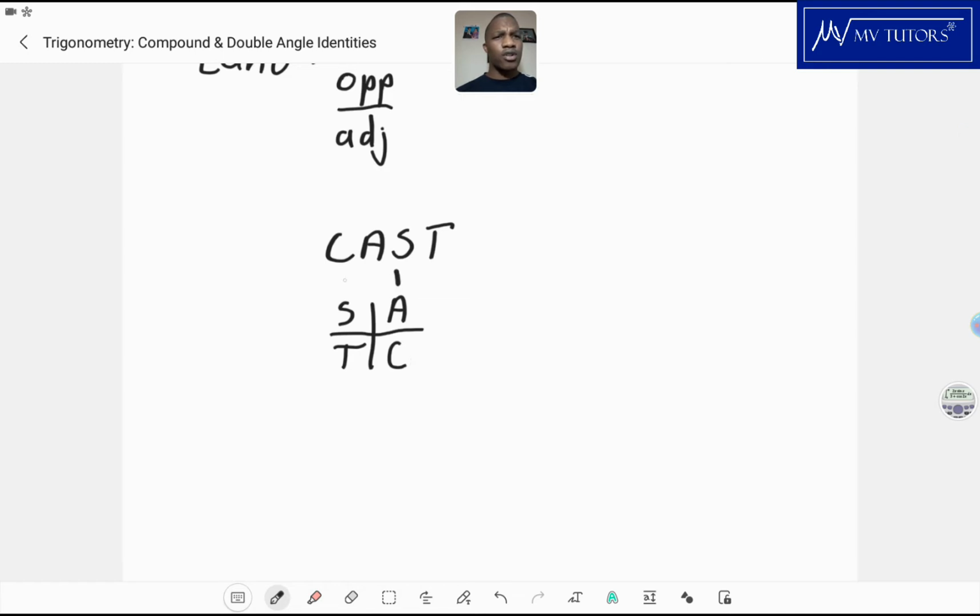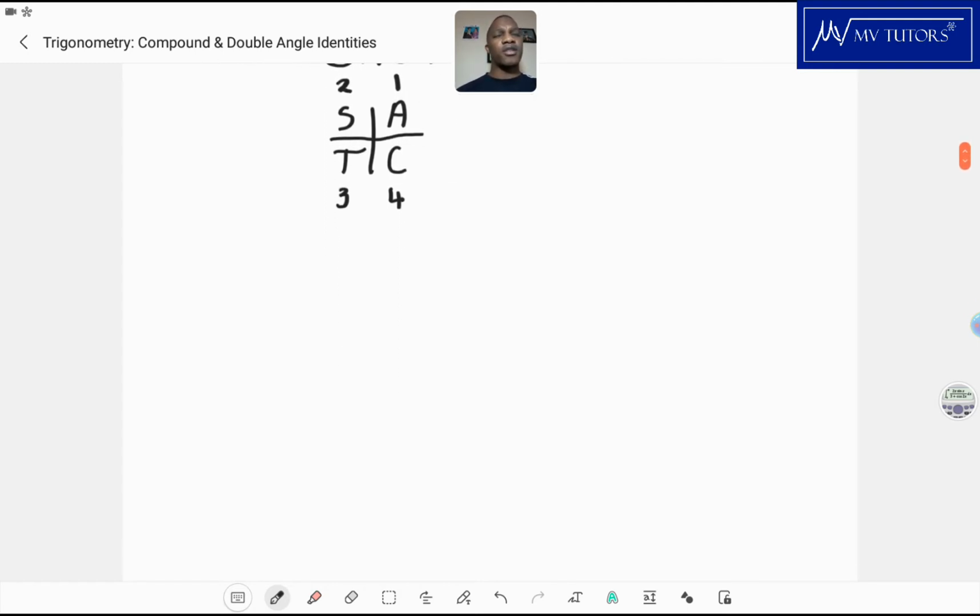This is quadrant 1, that's quadrant 2, that's quadrant 3, that's quadrant 4. So cosine is positive in quadrant 4. All of them are positive in quadrant 1. Only sine is positive in quadrant 2. Only tan is positive in quadrant 3. So those are the basics.